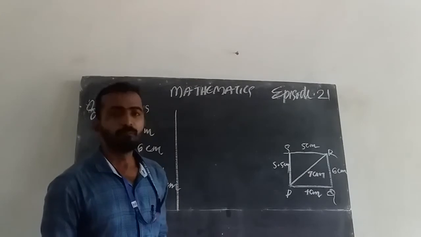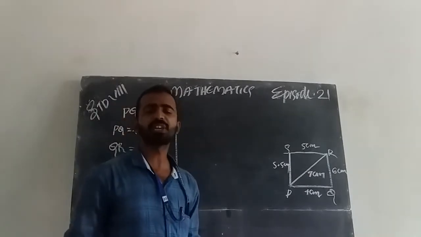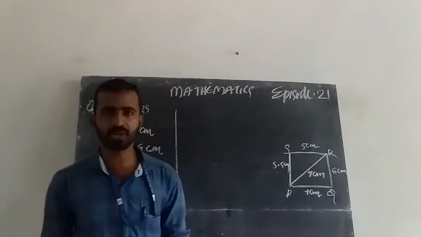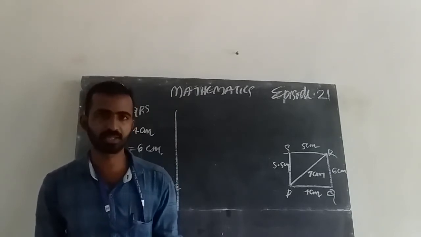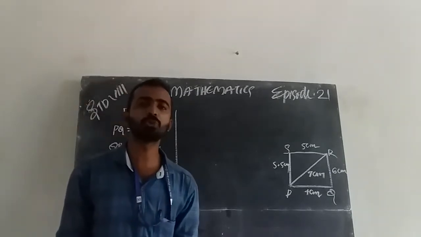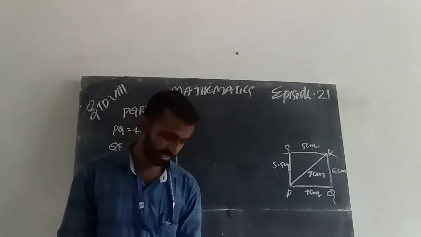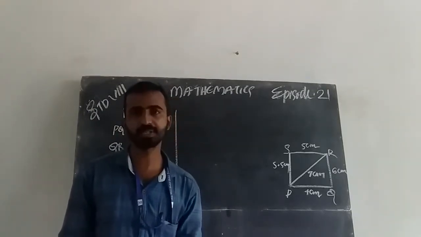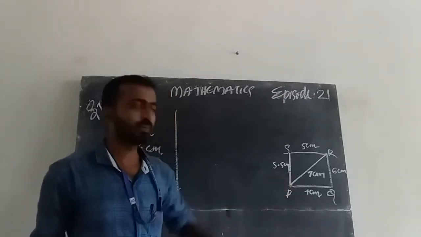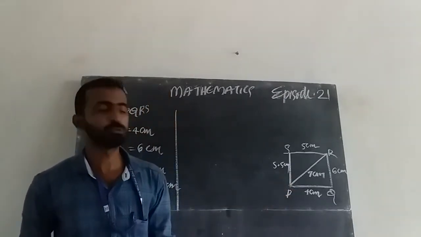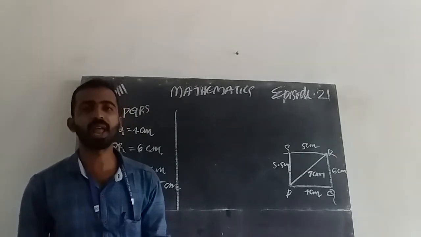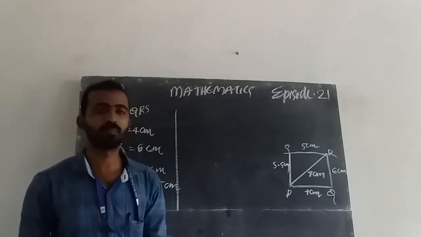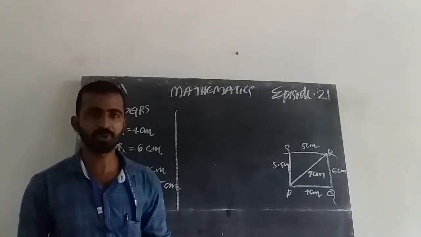We know that when we draw a diagonal in a quadrilateral, it is divided into two triangles. So here we draw two triangles on paper, in our notebook.